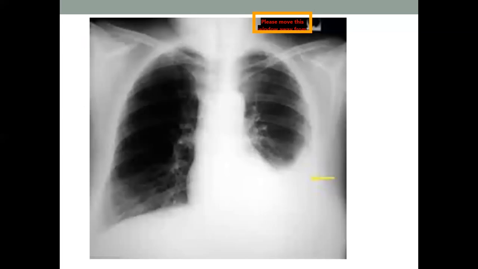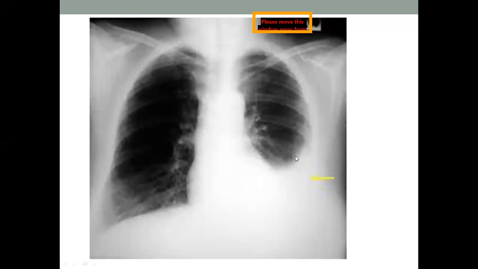This is a chest X-ray of pleural effusion, which shows homogeneous opacification of the left lower zone, which is blunting the left CP, costophrenic angle, and making the meniscus sign.